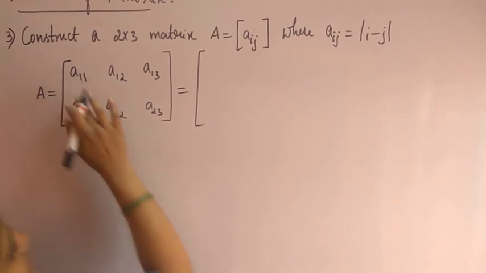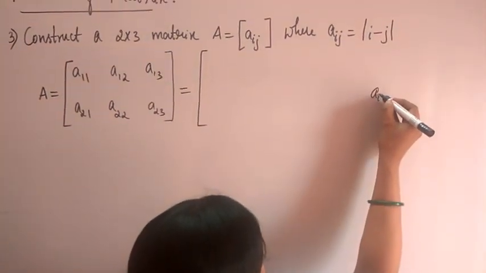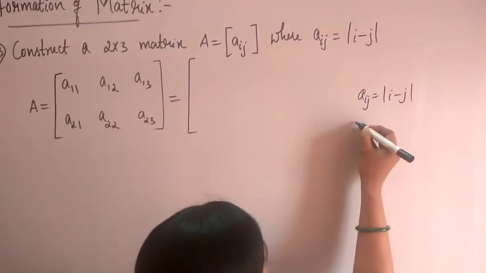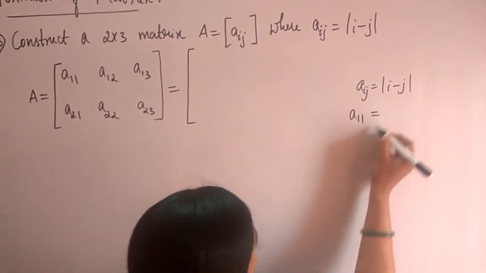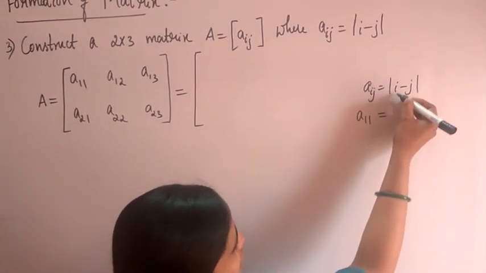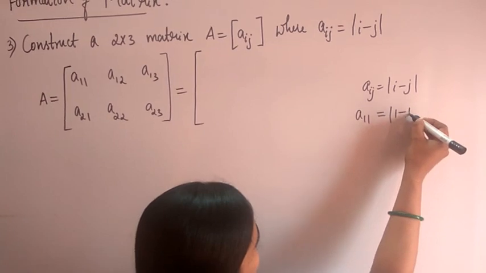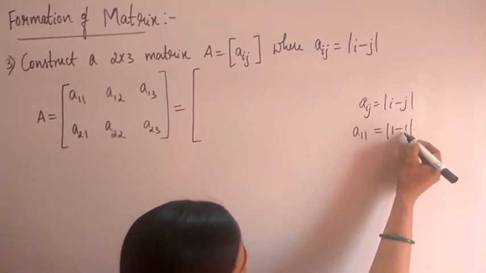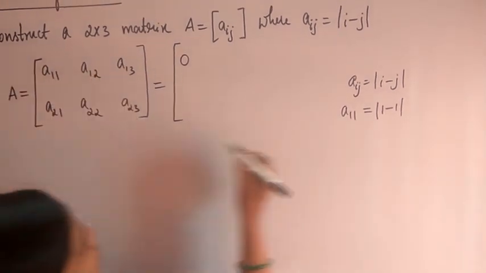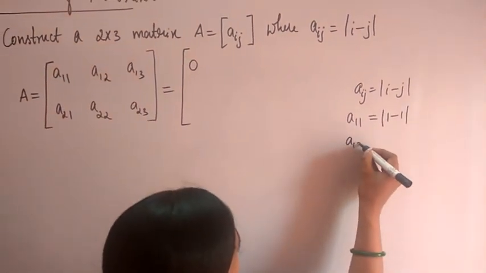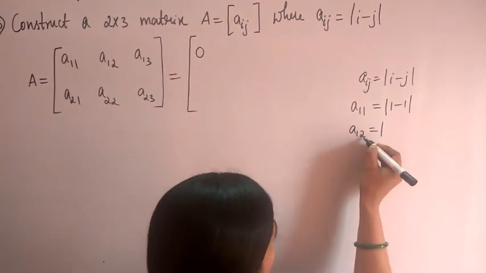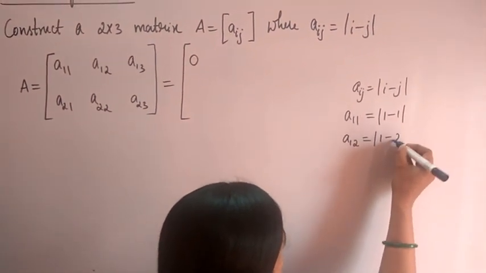So here the first element Aij is modulus i minus j. First element A11, i value is 1, j value is 1. So if we substitute in this formula, modulus of 1 minus 1, 1 minus 1 is 0, modulus of 0 is 0. Okay. So let us move on to the second element A12, that is equal to modulus, i value is 1, j value is 2, that is 1 minus 2.